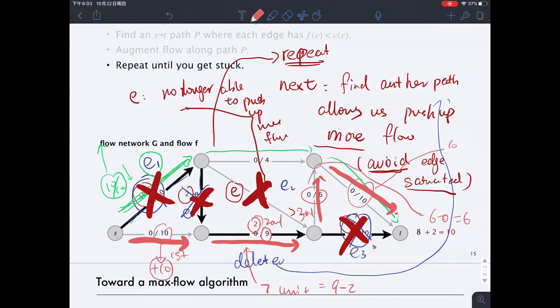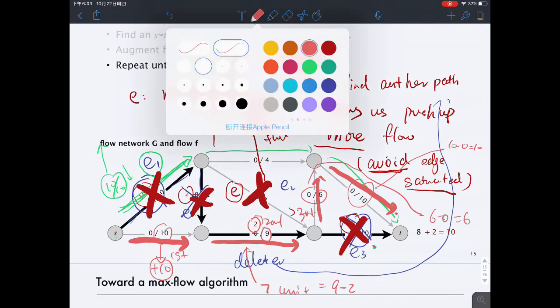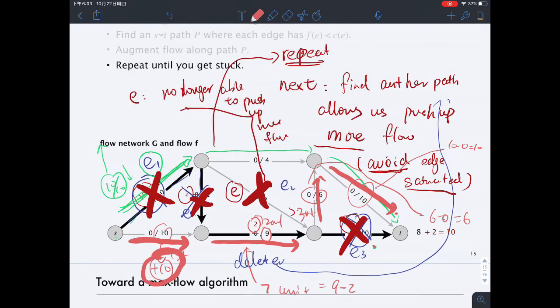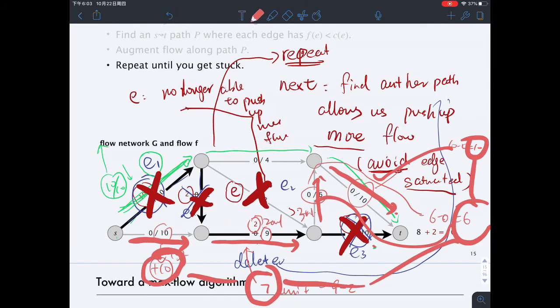We repeat the same thing. If I look at the third edge, it's 6 minus 0 equal to 6, and this is 10 minus 0 equal to 10. So what I need to do, again, is compute the minimum of all these numbers. This is 10, this is 7, this is 6, and this is 10.